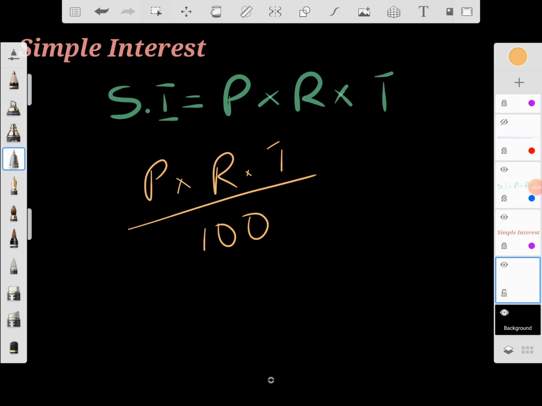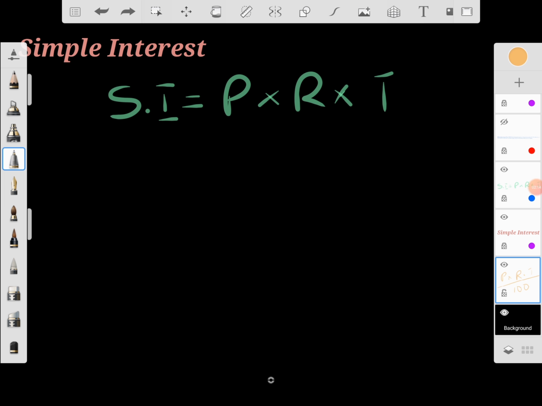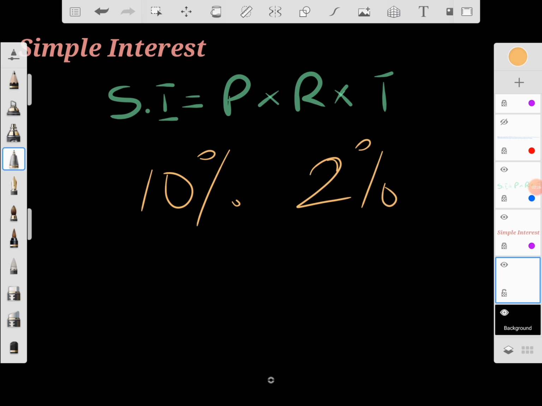And you might be thinking, why is sir teaching P into R into T? The reason they are putting R by 100 is because rate is given in percent. So rate they will be giving in 10 percentage or 20 percentage. 20% no one will give interest, but 2 percentage or something like that. So what is 2 percentage? 2 by 100.